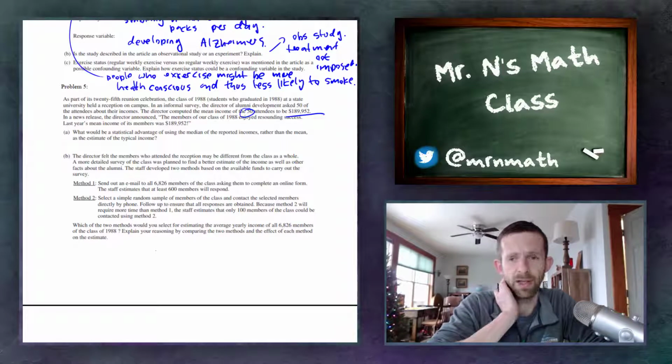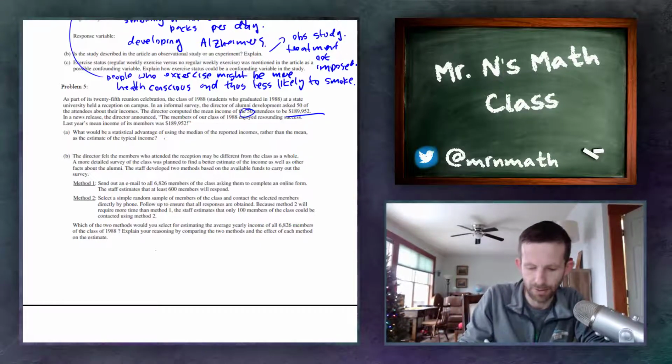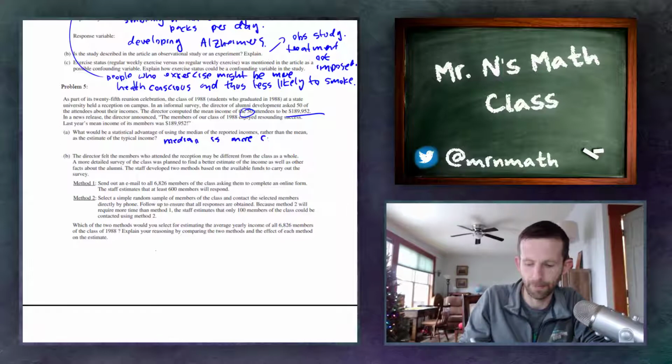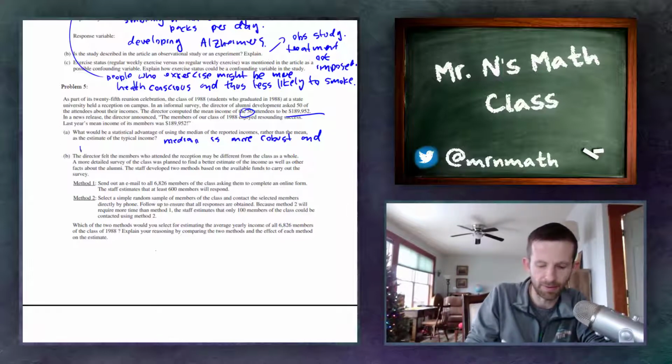What would be a statistical advantage of using the median of the reported incomes rather than the mean as the estimate of the typical income? So median is more robust and less skewed by outliers.